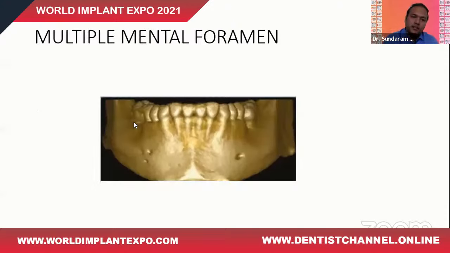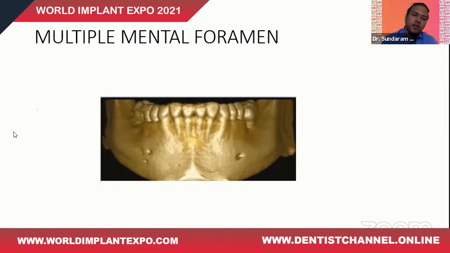And again, nature comes with so many variations. You can see multiple mental foramina in this case, which is quite unusual, whereas on the other side, there is only one. Whenever we operate in cases of the lower premolar region, we generally look for the mental foramen by a special maneuver.